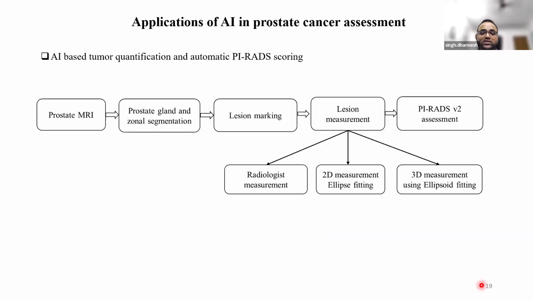After that, based on the lesion size and signal intensity, AI assigns the automated PI-RADS score. This reduces inter-observer variability and speeds up reporting. So this is the whole workflow for automated PI-RADS scoring.